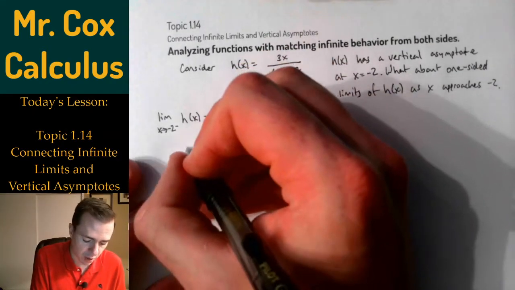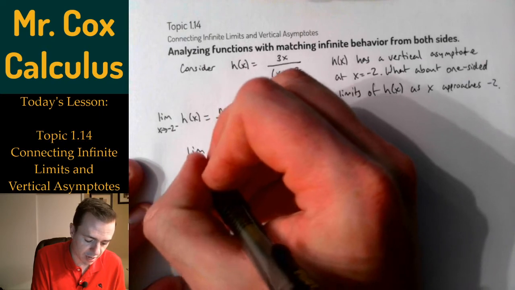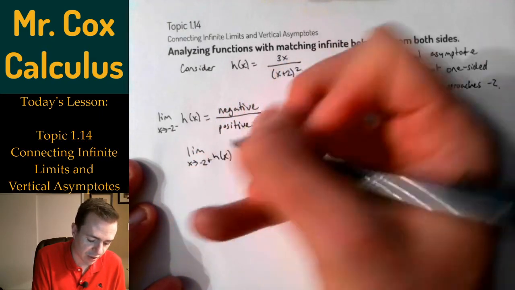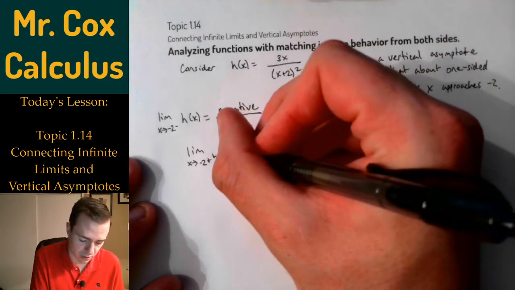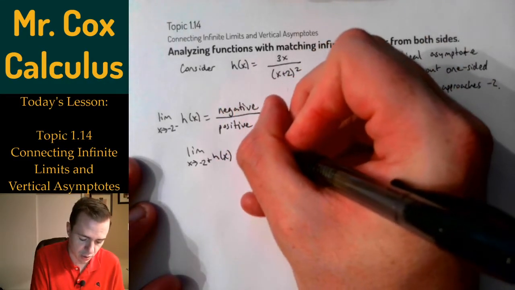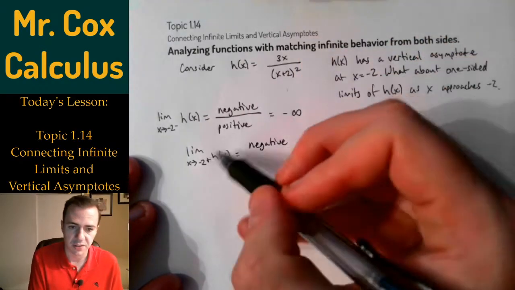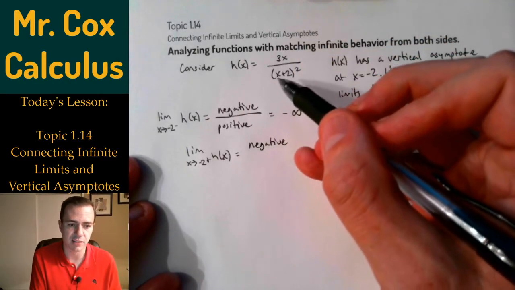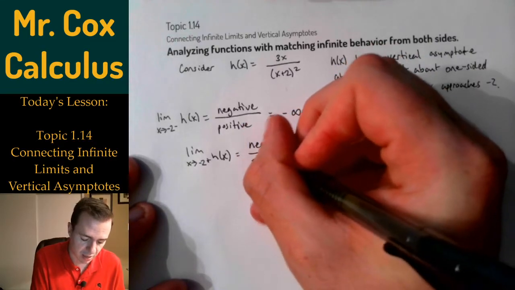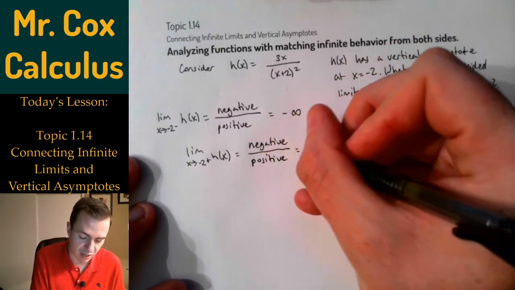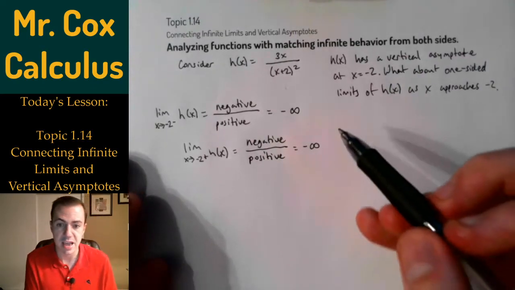Well, if I look at it as I approach negative 2 from above of h of x, I'm going to get the same idea. Negative 2 in there, that's going to be a negative value in the numerator. The denominator, I'm going to get a small positive value, but still squared is going to still be positive. And so as I approach from that direction, I'm also headed towards negative infinity.